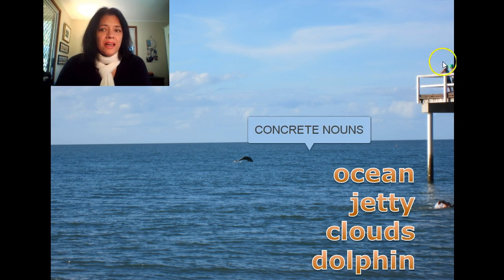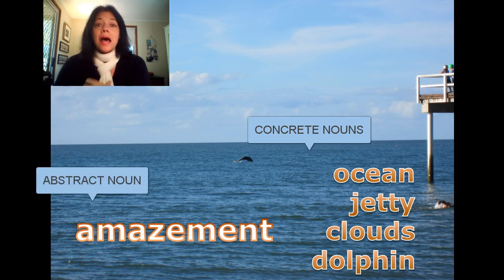You could probably hear these people talking, but I was amazed. I have walked on this beach so many times. But this was the first time that I saw dolphins, so I felt amazement. This is an abstract noun.